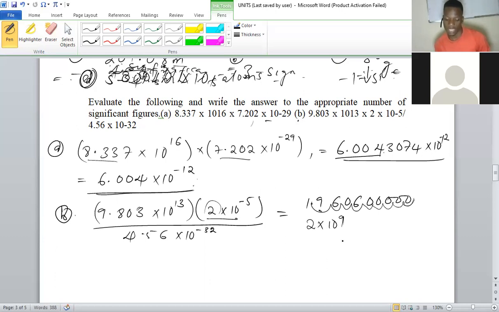Okay, so that is the answer. Now we have 2 times 10 to the power 9 divided by 4.56 by 10 to the power negative 32. So we do the same procedure.